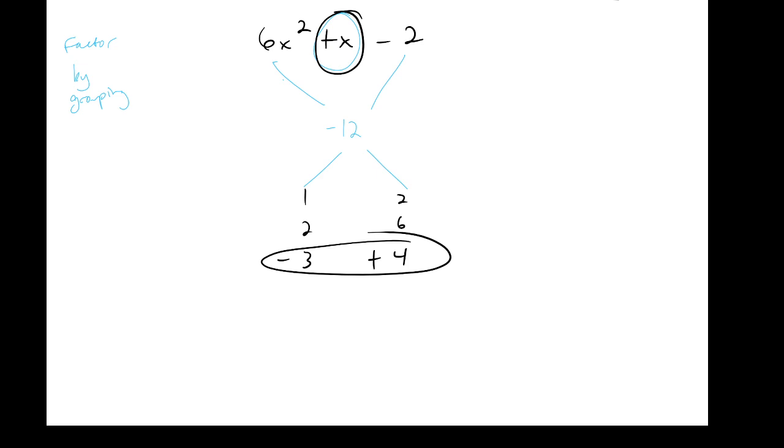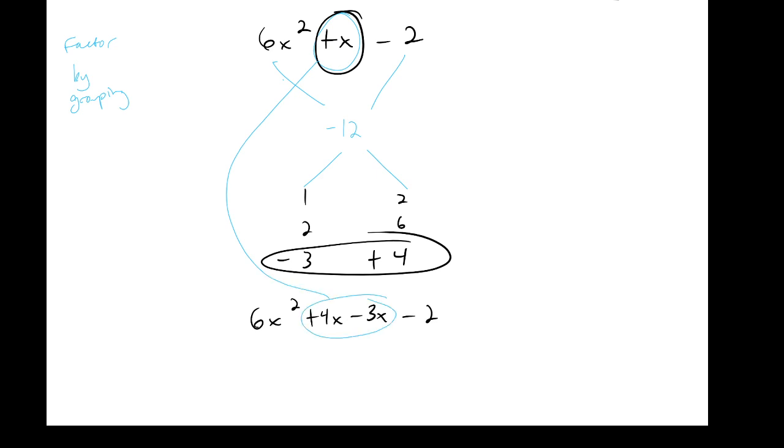Now that I have that, I'm going to go back and stick these into the original equation and use those to express my initial equation. So I had 6x squared, I had a negative 2, but to get this x, I had to add 4x and subtract 3x. That's how this is going to be achieved.